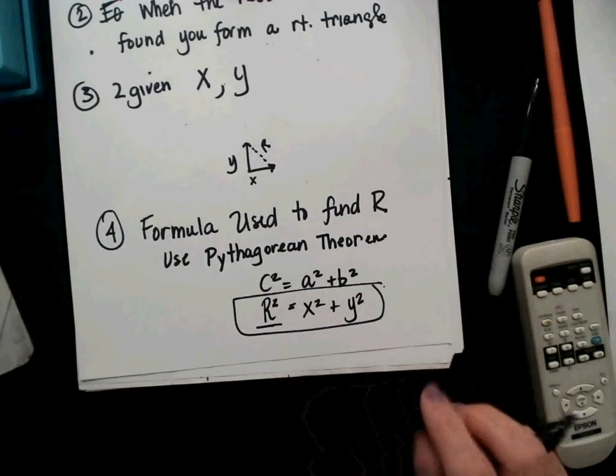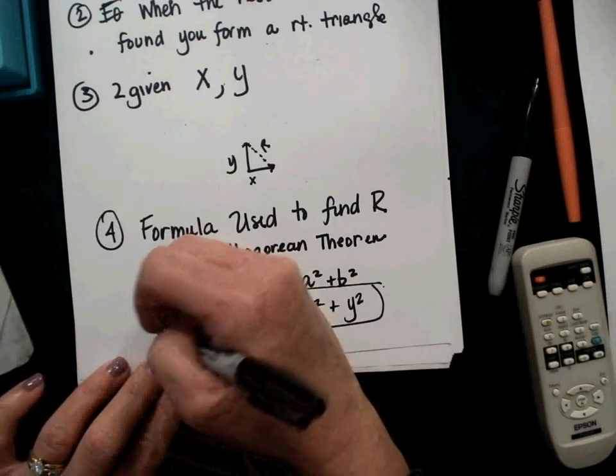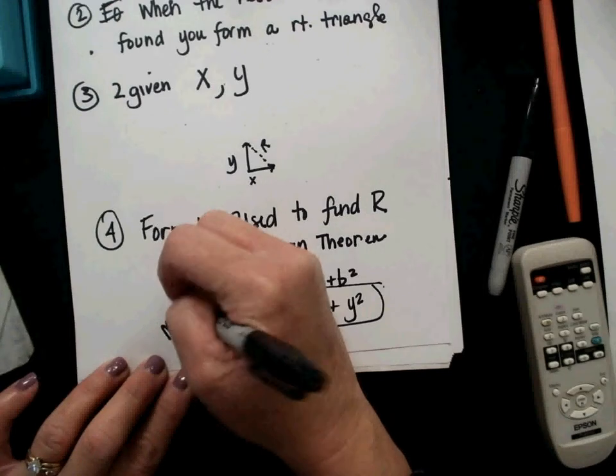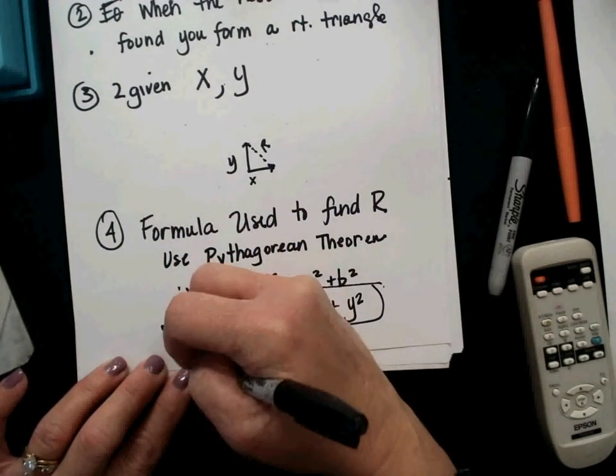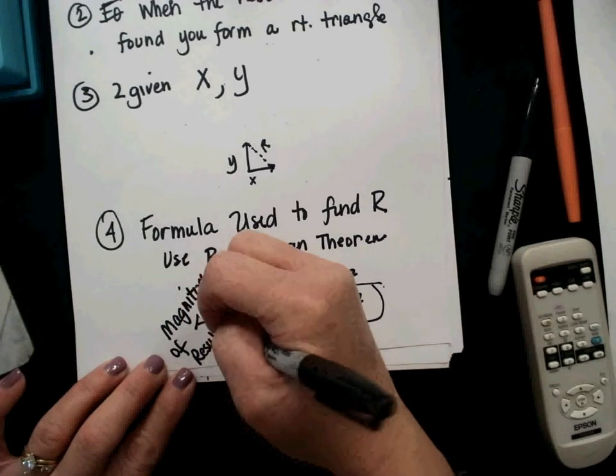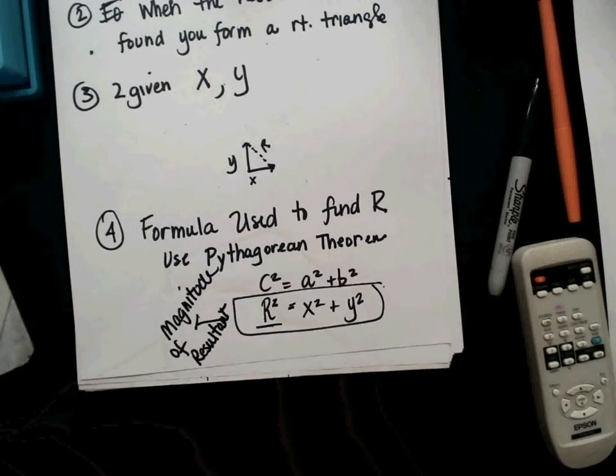Okay, so this allows us eventually to find R. This is the magnitude of the resultant.